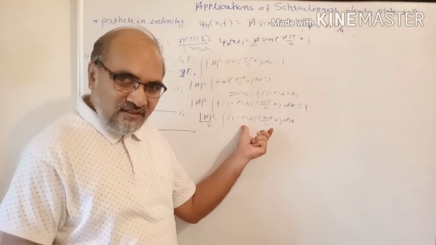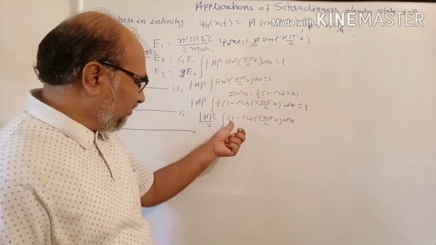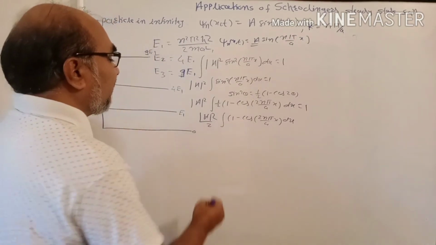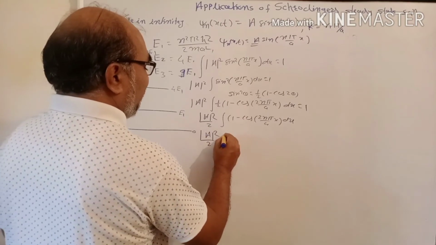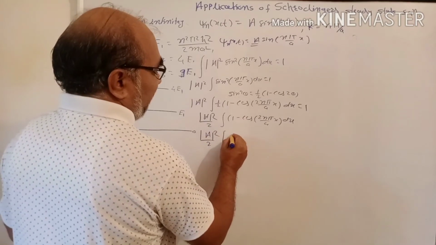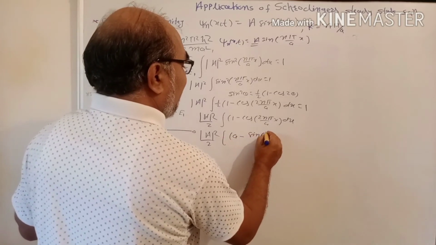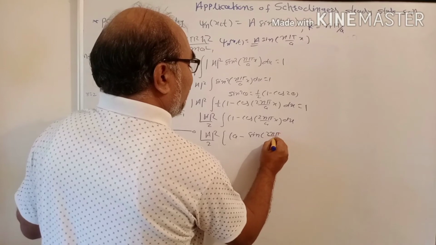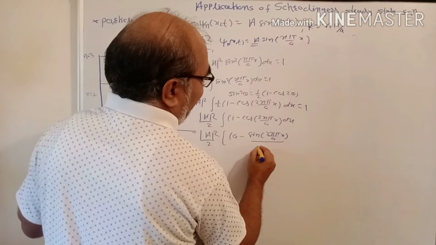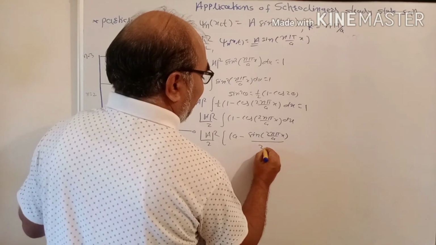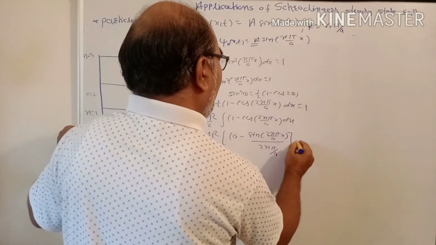Integration of cos theta is sin theta by theta, so this integration becomes x minus sin of 2n pi by a x divided by 2n pi by a, from 0 to a.